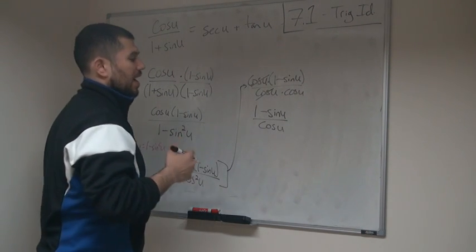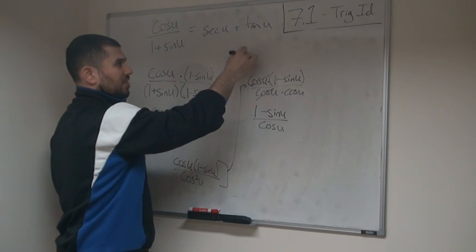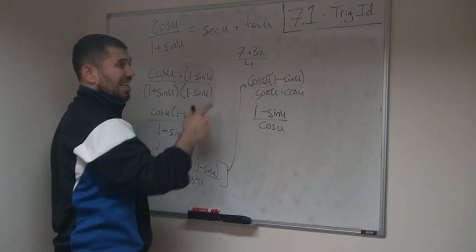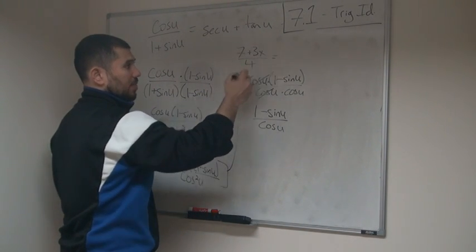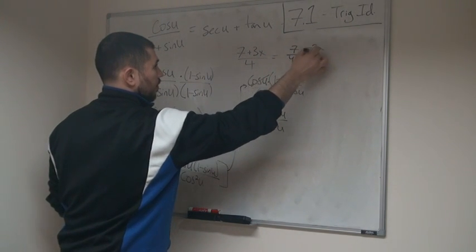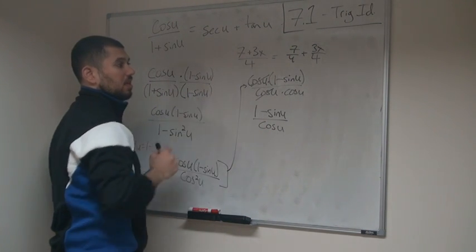Well, again, think back to our basic algebraic concepts. If I had 7 plus 3x divided by 4, how did I get 2 terms in the numerator divided by 1 term in the denominator? Well, it used to be 7 over 4 plus 3x over 4. I was only able to add them because I had the same LCD.